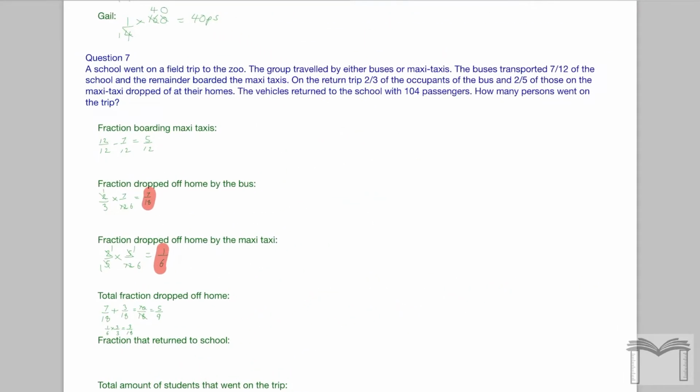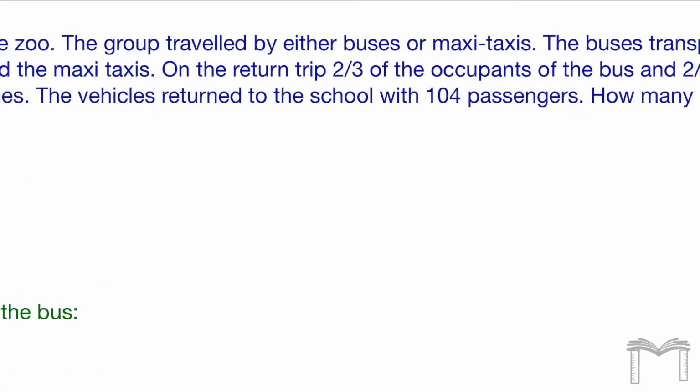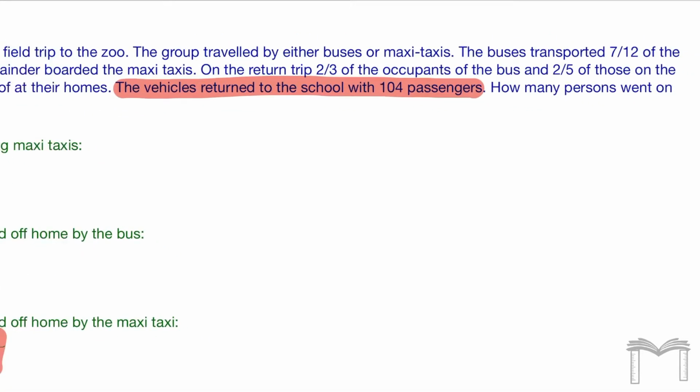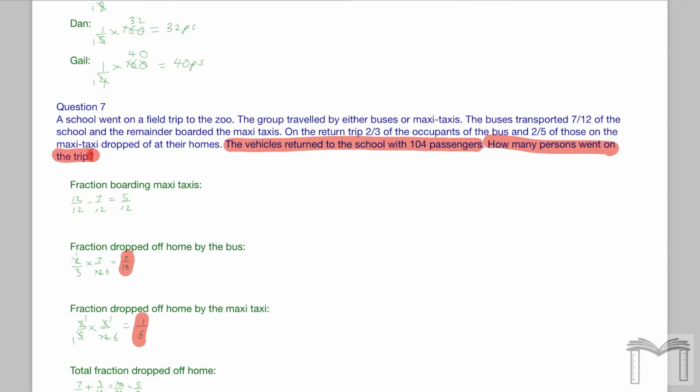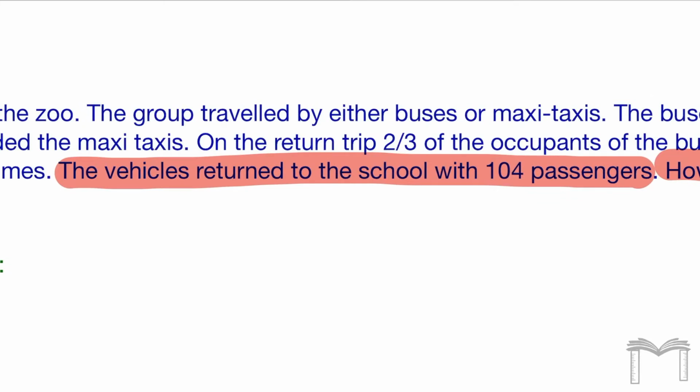So next we're going to work out the fraction that returned to the school, because they are telling us the vehicles returned to the school with 104 passengers. Now they are asking us how many persons went on the trip. So remember, if we have an amount that is equal to a fraction, we can determine the total.